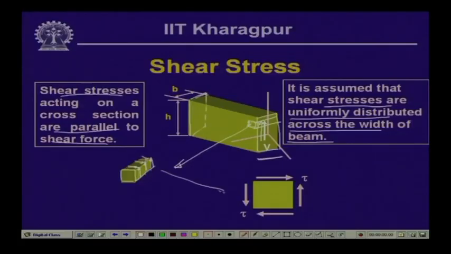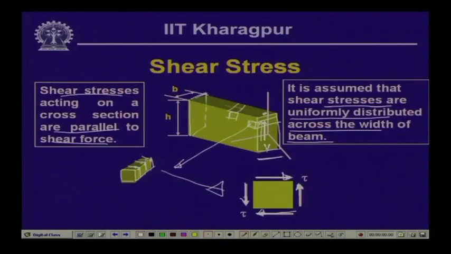Now, if we look into this small element which we have exaggerated, this is the positive shear stress on the vertical face. Consequently, we have the horizontal shearing stress, which is the complementary shear stress. Please note one point here: if we take this element closer to the top surface, on the top surface there is no other element, hence the shearing stress on the top surface is 0.